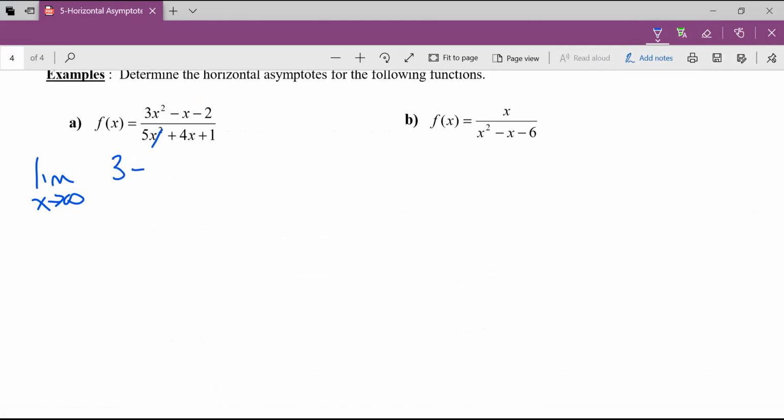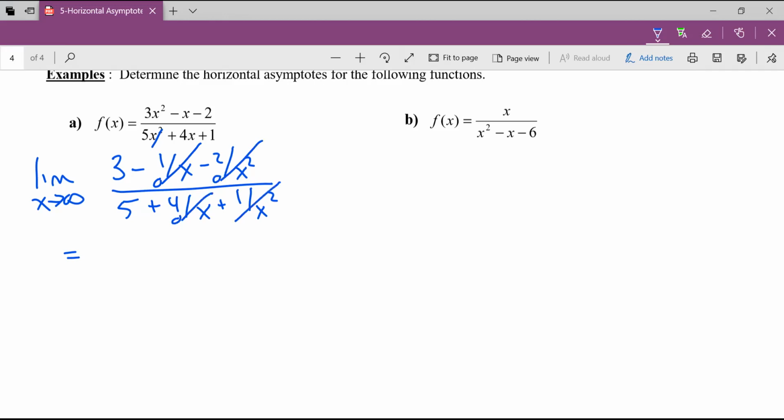So I'll get 3 minus 1 over x minus 2 over x squared over 5 plus 4 over x plus 1 over x squared. Now as I go to infinity, that will tend to 0, that will tend to 0, that will tend to 0, that will tend to 0. Look at that. 3 over 5.